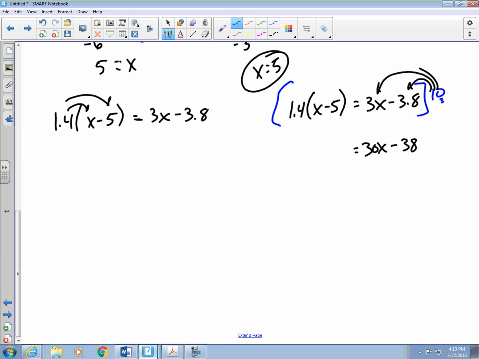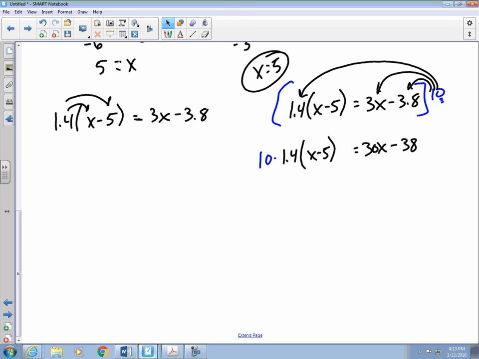Now when you take the 10 to here, this is where it gets a little bit tricky, okay, since it's 1.4 times all of the x minus 5, here's what you would actually have. All right, you have 10 times 1.4 times all of x minus 5. So you're not going to take the 10 to the x and the minus 5. You just have to take it to the 1.4 and make it 14.